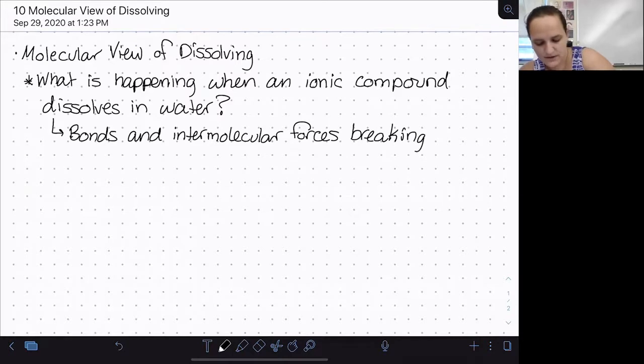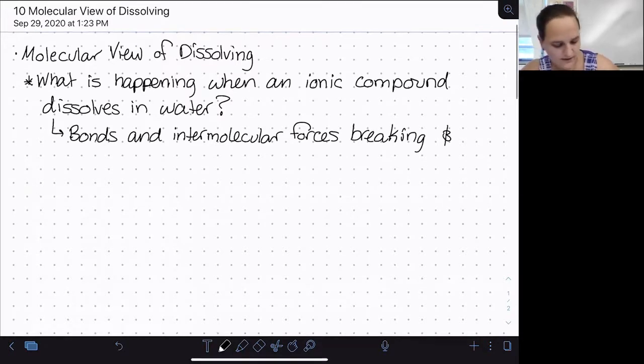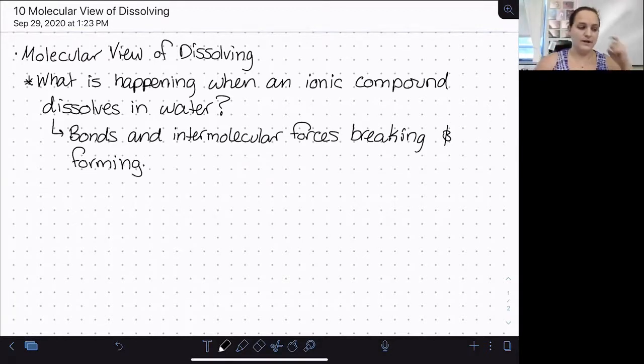But we want to take a look at exactly what those are. So what is breaking, what is forming, what is going on here? So essentially there are three main things that need to happen in order for something to dissolve.